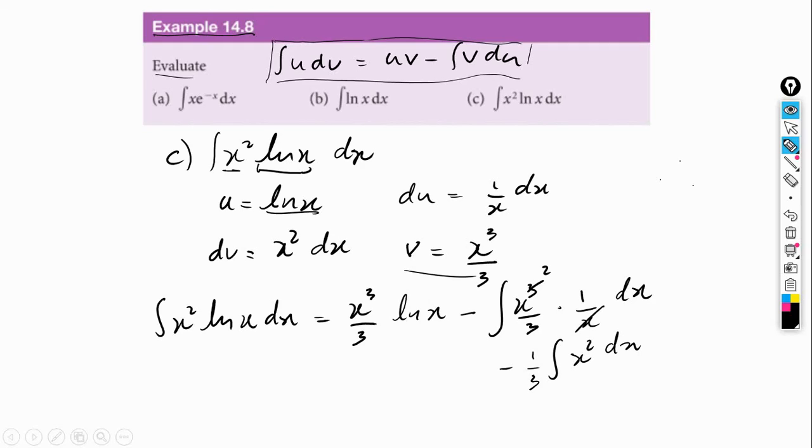So the almost final step would be that this is equal to x cubed over 3 natural logarithm of x, minus 1/3. Yeah, the minus is important there. X cubed over 3, and plus c, of course.